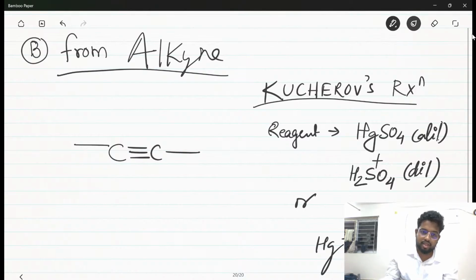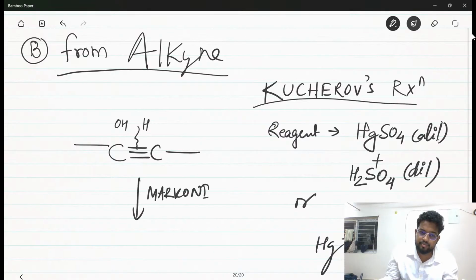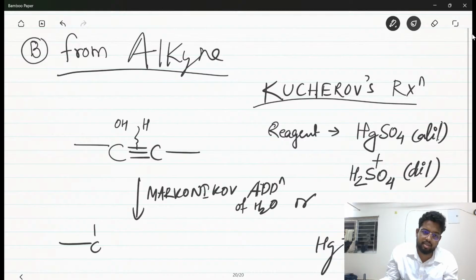So first, on any alkyne, this bond will break, OH, H. Markovnikov addition of water. What is Markovnikov addition of water? The negative part of the addendum goes to the carbon having less number of hydrogens.